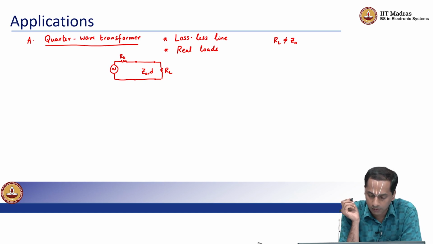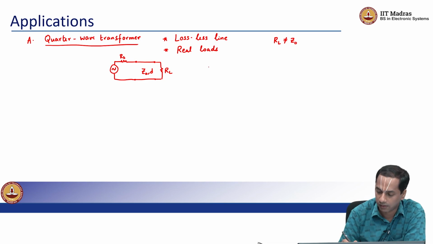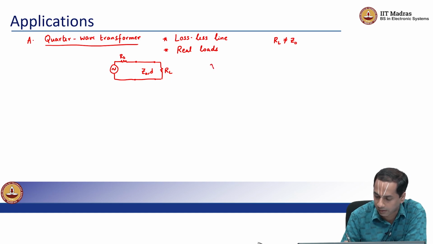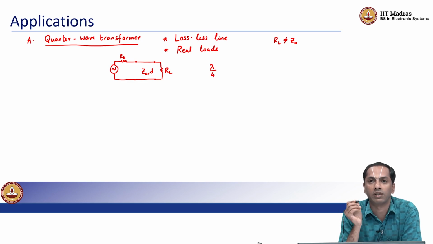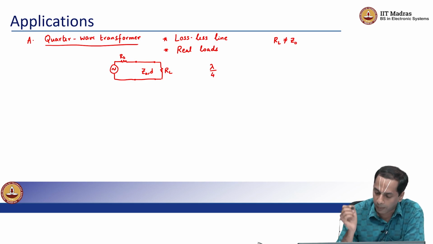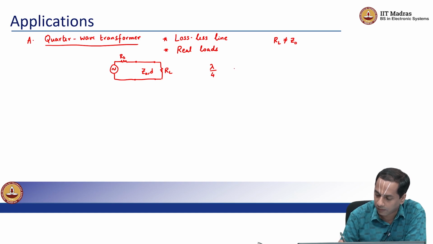So we are going to use the fact that, if you can recall, when we were talking about periodicity on lossless lines, what did we say that the impedance transforms itself to when we move quarter wavelength away from the load? We said that the impedance inverts itself.